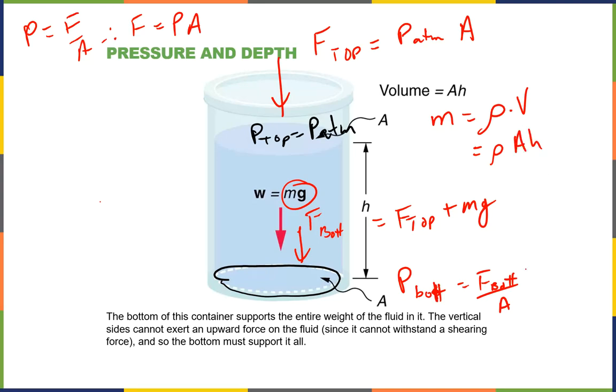So if I put that into my equation here, the force at the bottom is the force on the top, which was pressure atmosphere times area, plus mass, density, area, height, times g. Notice there's an area in both of those terms. Put that into this.